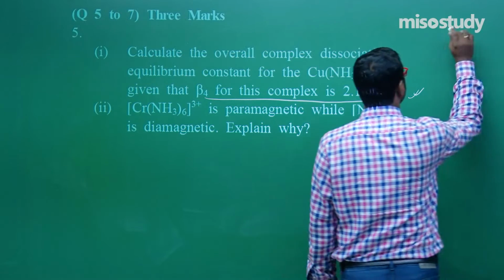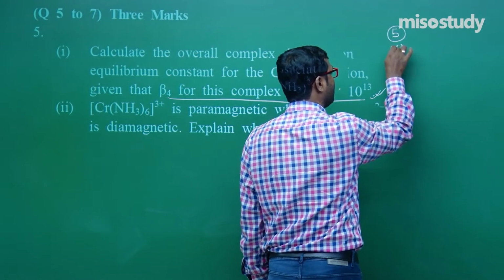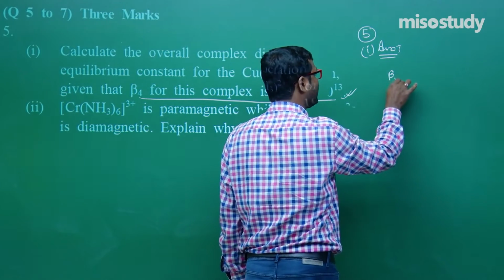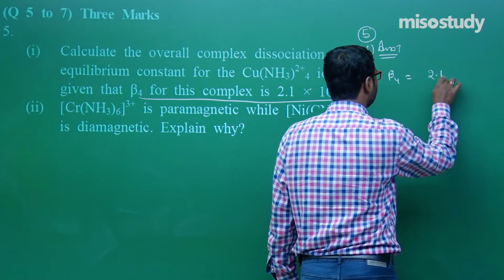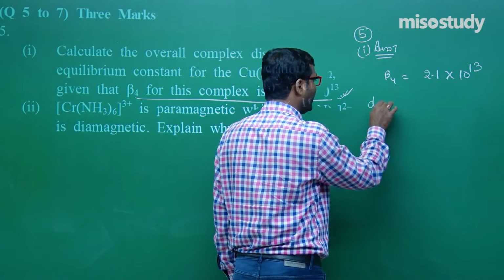It is very simple. What is given here? The β4 stability constant is given here.